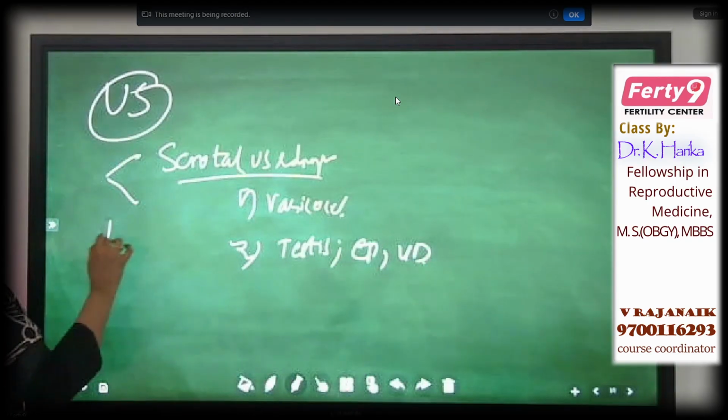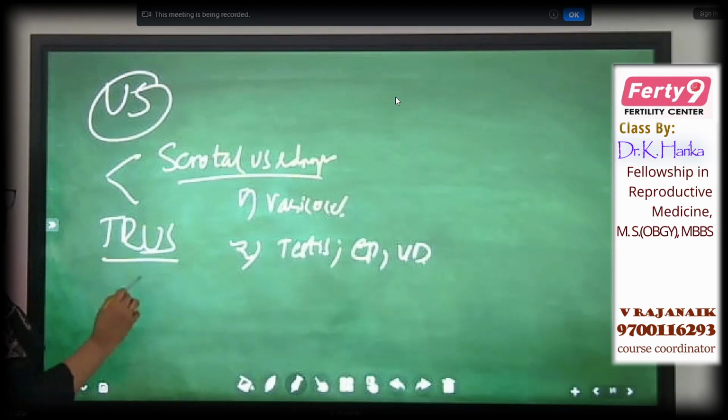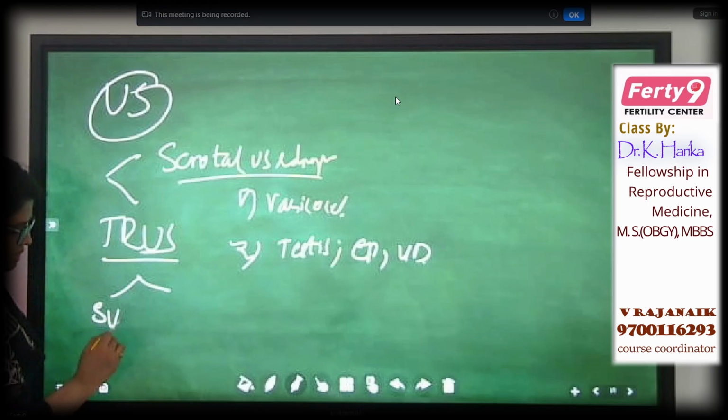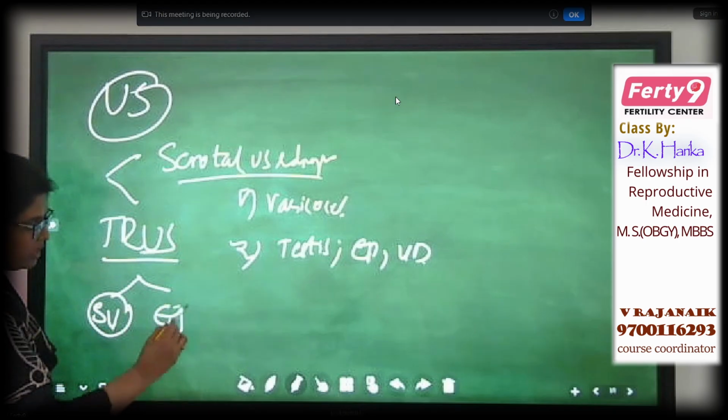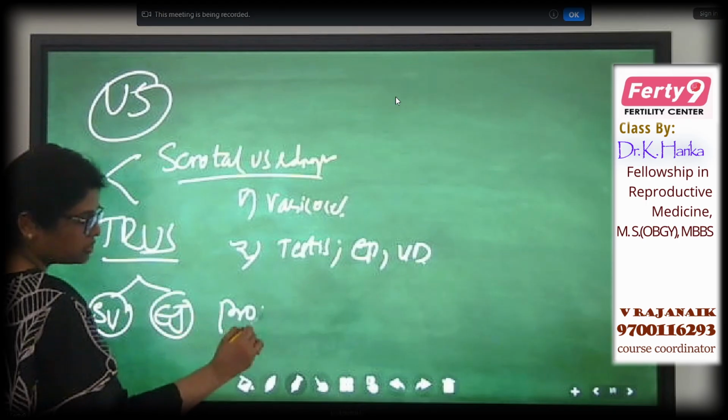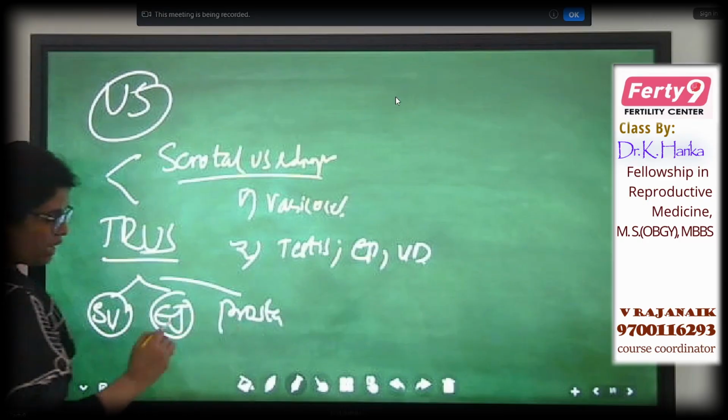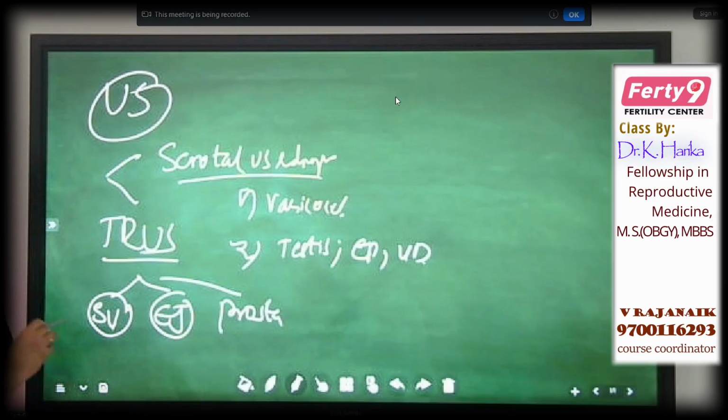And transrectal ultrasound, TRUS. What can we see? We can see the seminal vesicles, ejaculatory duct, and prostate: any prostatitis, any ejaculatory duct obstruction, any seminal vesicle obstruction, or seminal vesiculitis. You can also make out absence of the vas deferens.